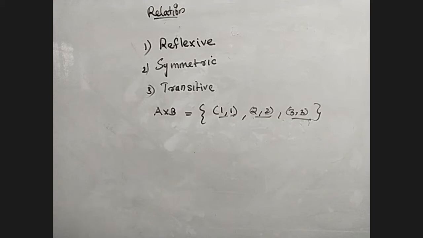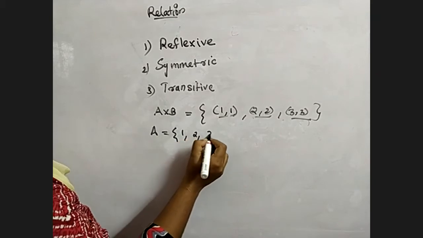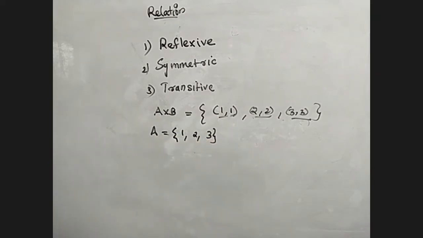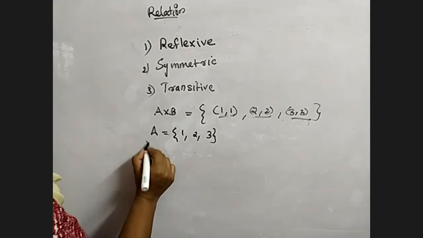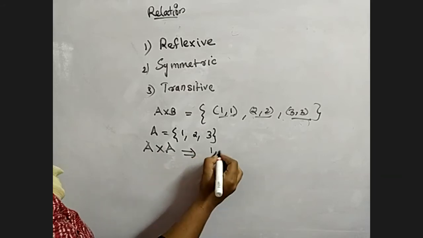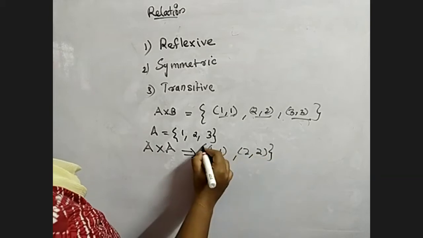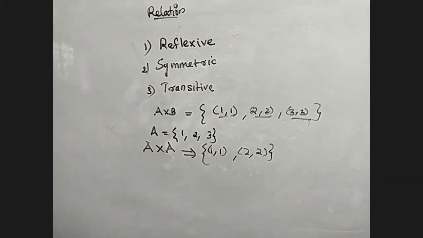I'll show another example. If A has elements 1, 2, 3, and we are defining a relation from A to A itself, and this is (1, 1), (2, 2). Is this relation reflexive?